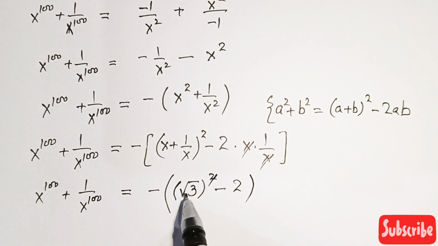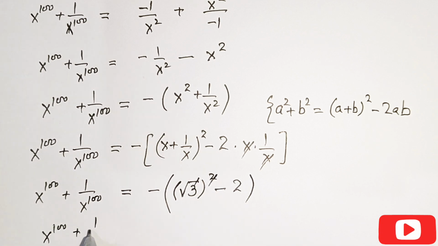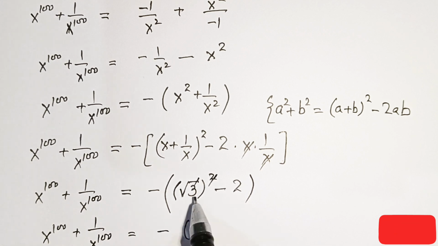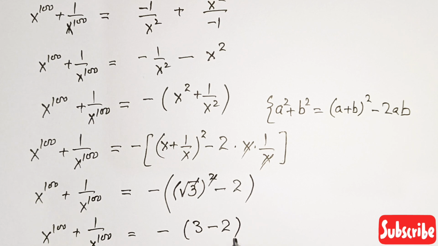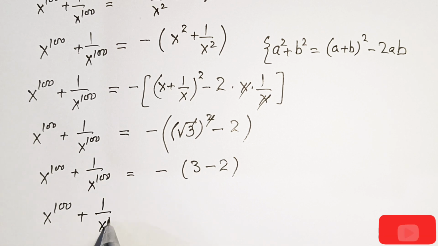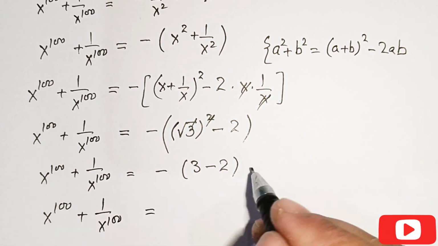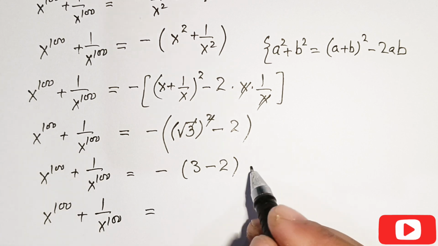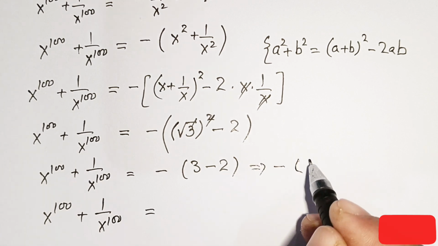So cancelling this square with square root, we get x to the power 100 plus 1 over x to the power 100 is equal to minus 3 minus 2. Here we have our final steps. Here 3 minus 2 is 1.